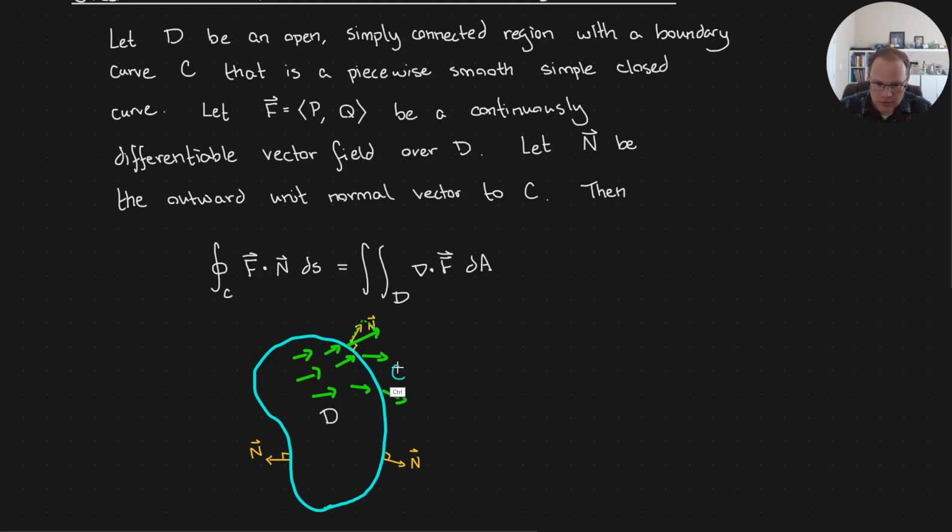There's a portion here that flows out of the boundary. That's what we're measuring. There's also a portion that isn't flowing directly out of the boundary. It's flowing parallel to it. We're measuring how much is flowing out, right? If we're going the other direction, then it would be negative and it'd be measuring how much is going in. So it's the flux.